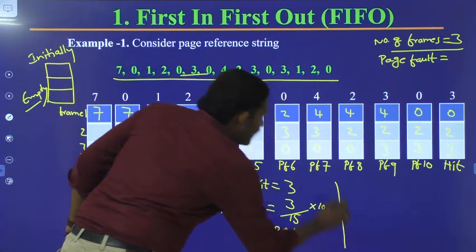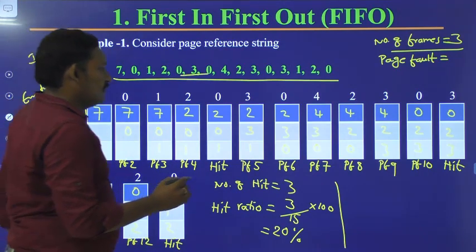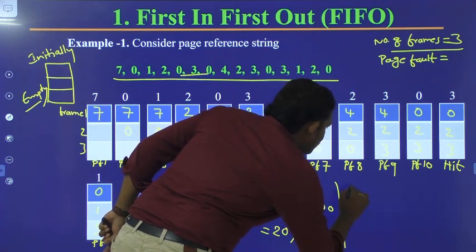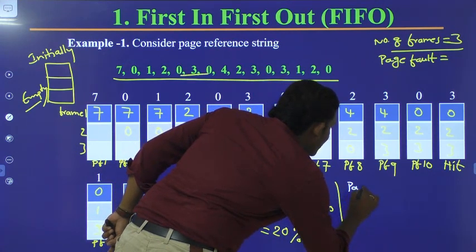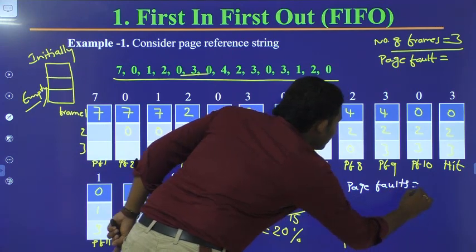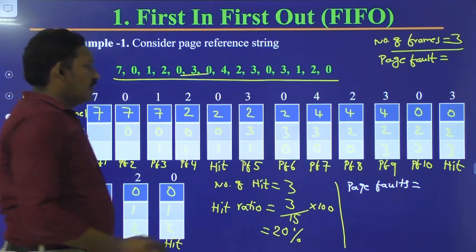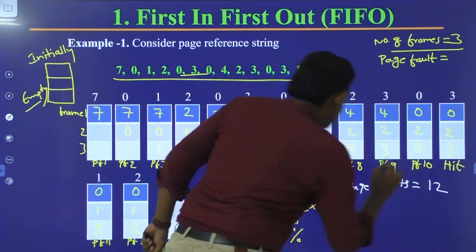Coming to the fault ratio: the total number of page faults are PF1, PF2, PF3 and so on to PF12, so 12 page faults.